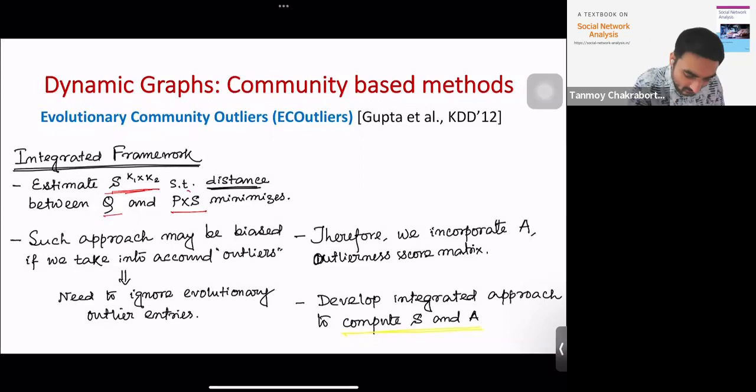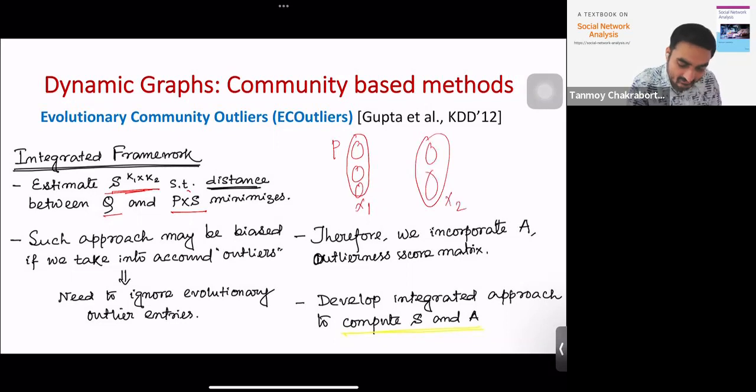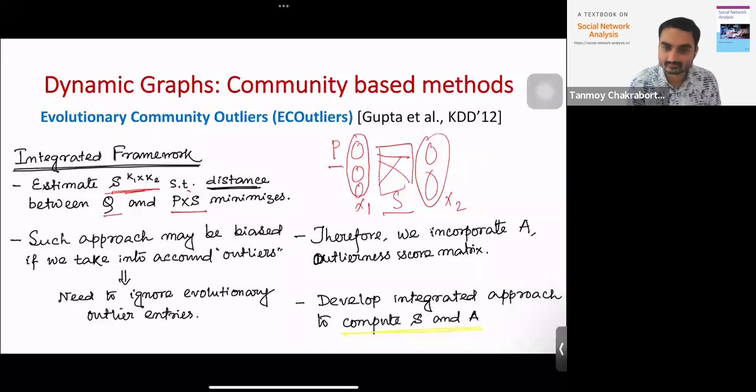Try to understand. This is P. What is P? P is the belongingness matrix at timestamp X1. What is Q? Q is the belongingness matrix at timestamp X2. What is S? S indicates the correspondence. In the ideal case, if you multiply P with S, you should get Q, because S indicates the transition and P is the initial state.